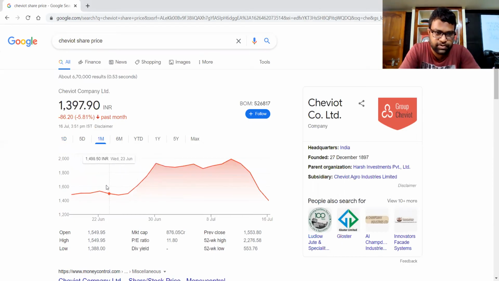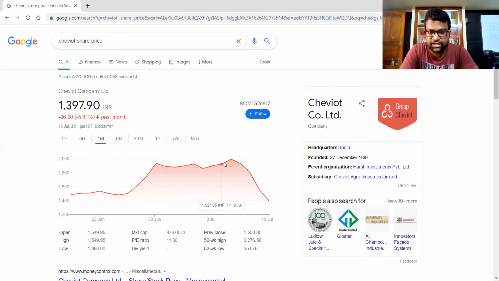I purchased around 1533 or something like that, on 22 July. At this point it is 1930. I sold around 5th or 6th July, or maybe 7th July, at 1856 or so.